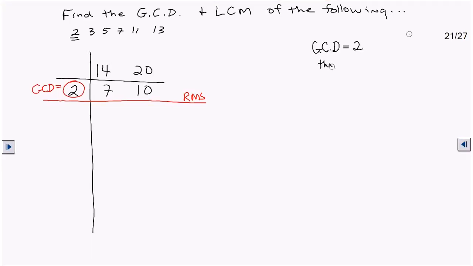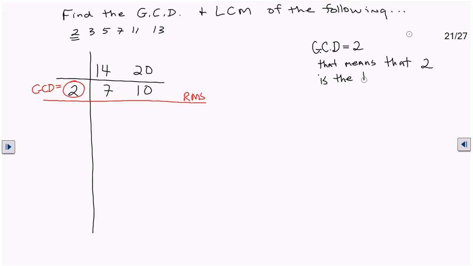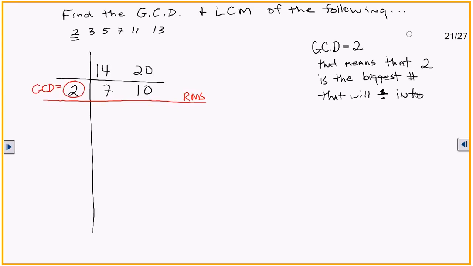That means that 2 is the biggest number that will divide into 14 and 20. So it's very important that you write that down so you understand what the difference is between the greatest common divisor and the least common multiple.